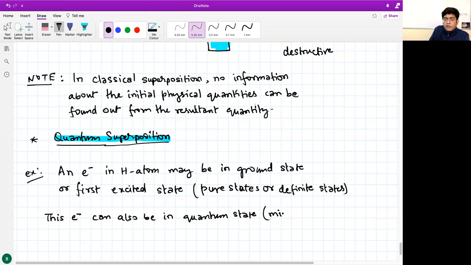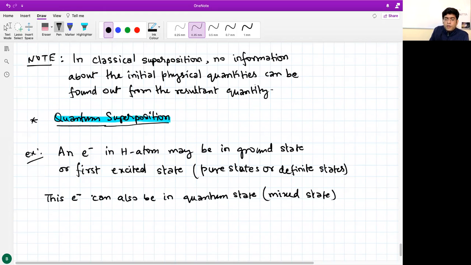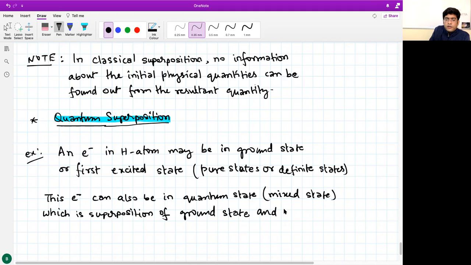This is a superposition of the ground state and the first excited state.